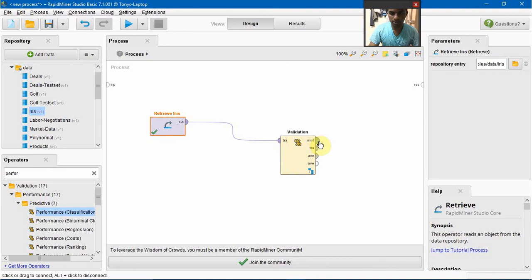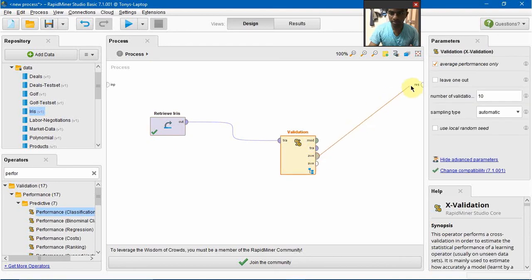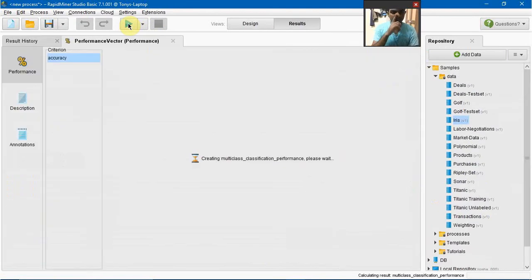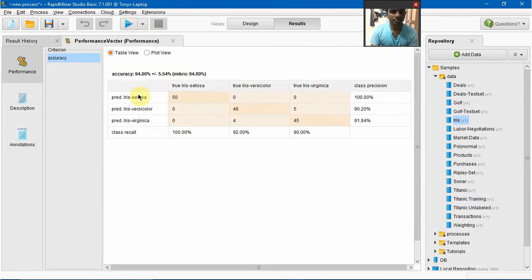Well, it's connected. You need to give the average. Alright, now let's run it. Yeah. Now you see over here the accuracy level is mentioned as 94%. So that means we have a high accuracy level, which is very much efficient for the decision tree implementation.